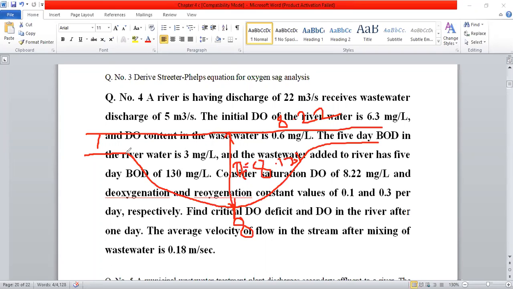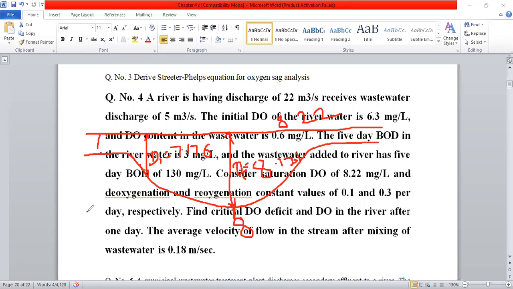Suppose here is the 0th day, here is the 1 day. So at 1 day, what is the dissolved oxygen deficit? That is D1. I can say D1 is equal to 7.176 or 7.15, whatever may be the answer. Is that fine? Then the critical dissolved oxygen time.